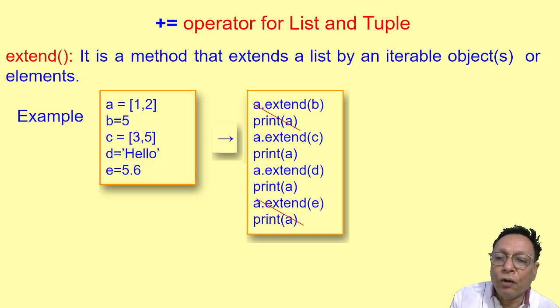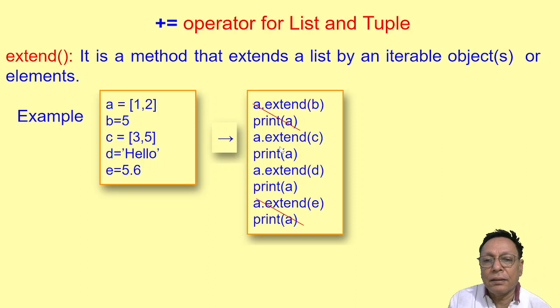But over here, if you see A.extend(C), A is iterable [1, 2], C is also iterable [3, 5], and that is why this function will be performed.